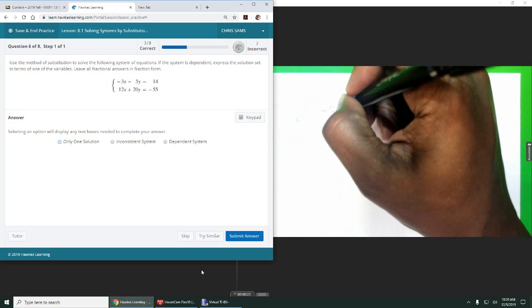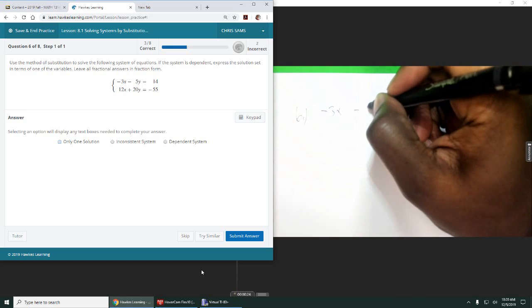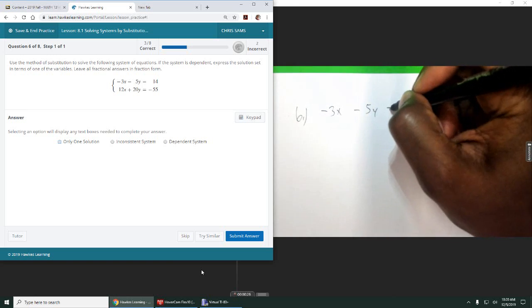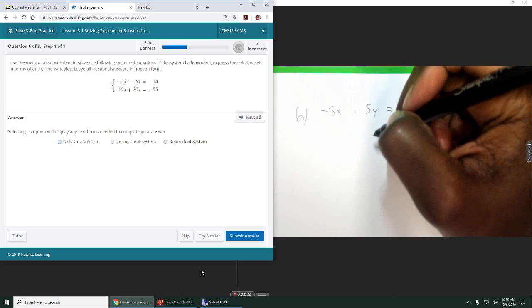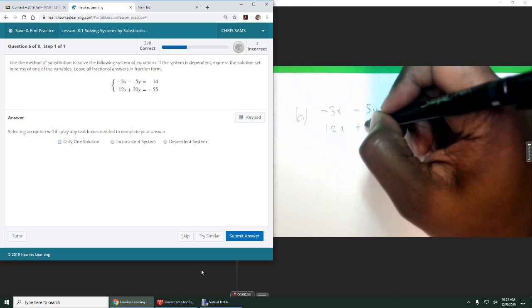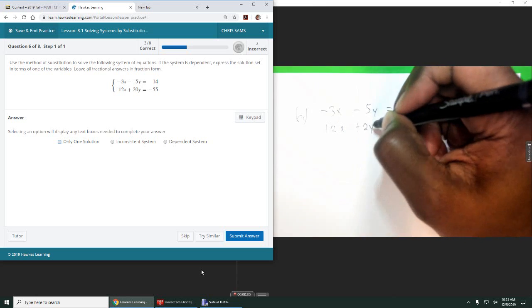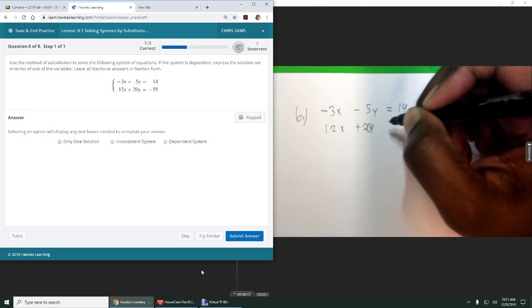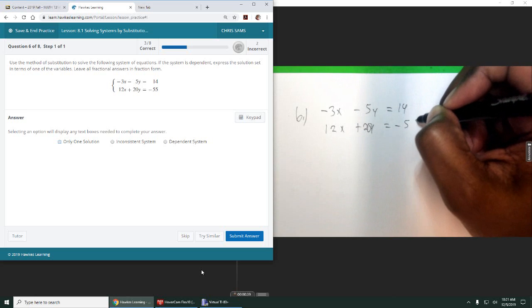Negative 3x minus 5y equals 14. And then 12x plus 20y equals negative 55.